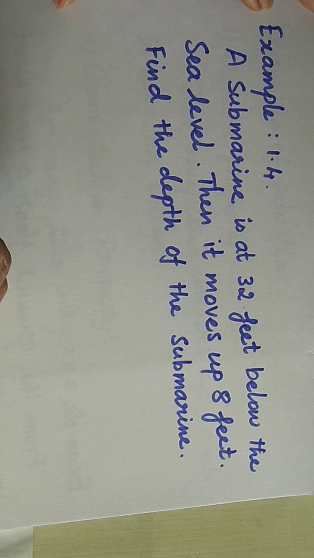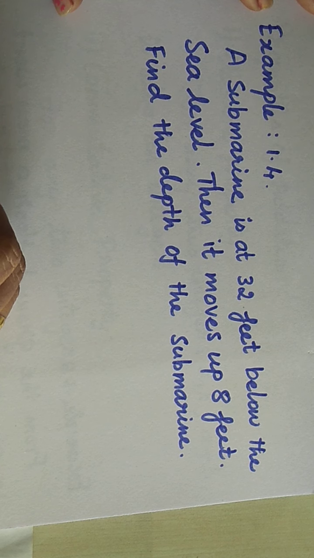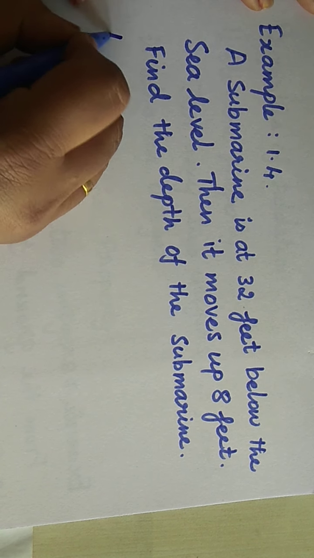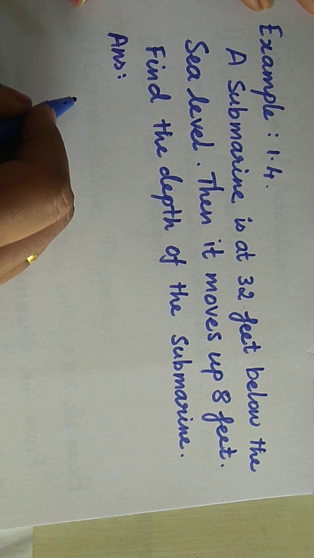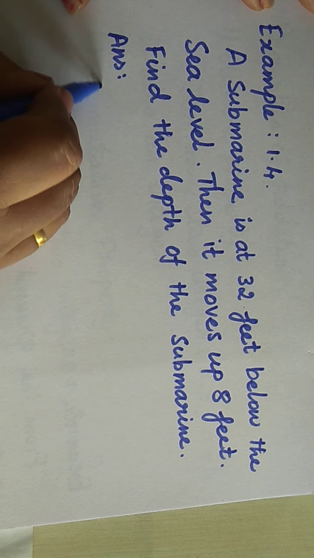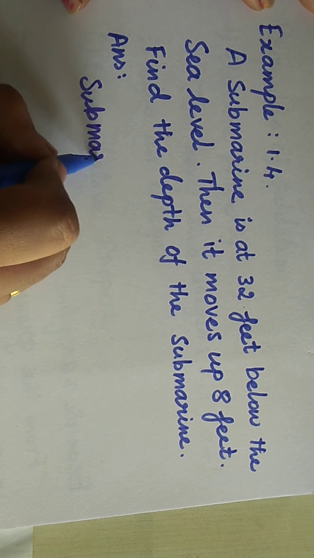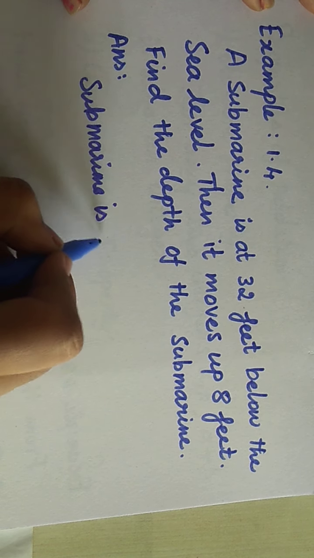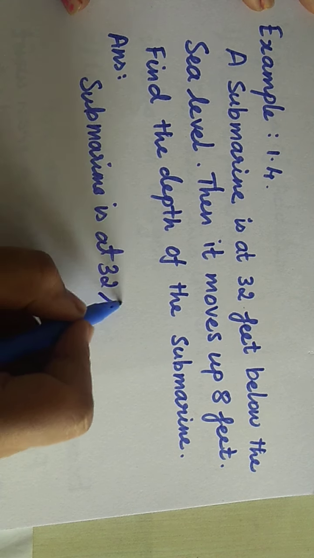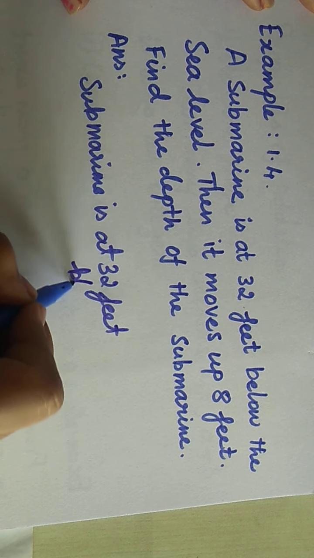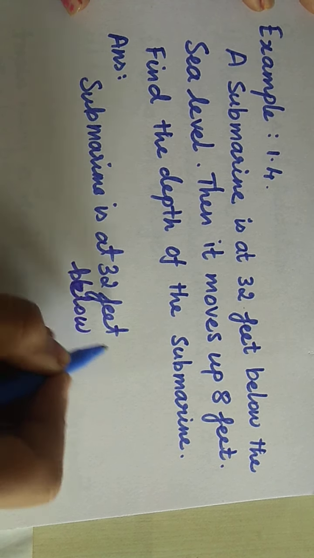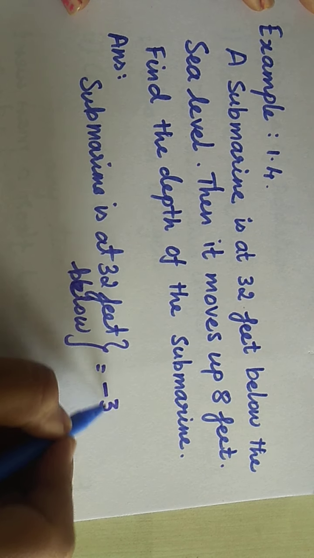Now example 1.4. A submarine is at 32 feet below the sea level. Then it moves up 8 feet. Find the depth of the submarine. Now let us see the answer. First, the submarine is at 32 feet below, which means you have to write the subtraction symbol, so minus 32.